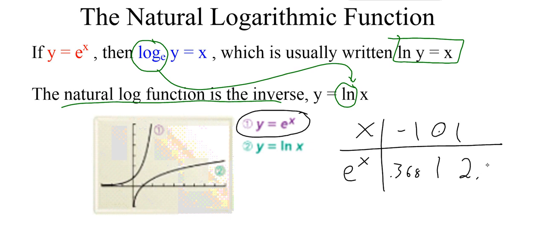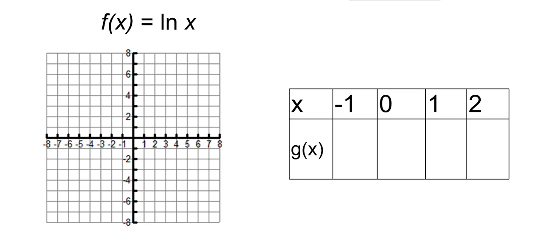And recall that e is the irrational number approximated at 2.718. So we have these 3 anchor points. And then as we graph our inverse function, the natural log, we're going to see it's the reflection of that graph.